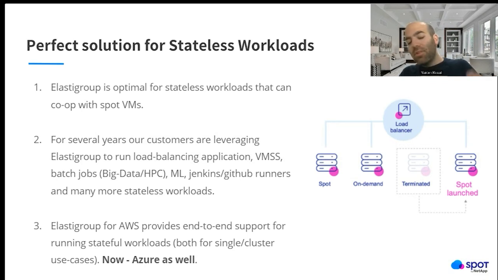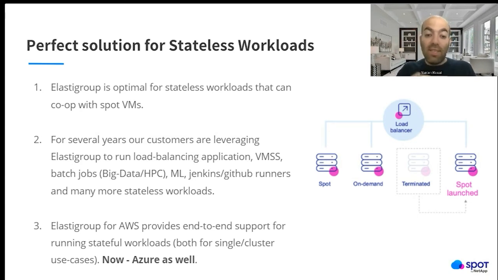Touching on stateful, I'd like to say that in the past couple of years, Elastigroup for AWS has provided end-to-end support for stateful workloads, which means workloads that require their IP and storage persistency at all times are managed by Elastigroup without any interruption.